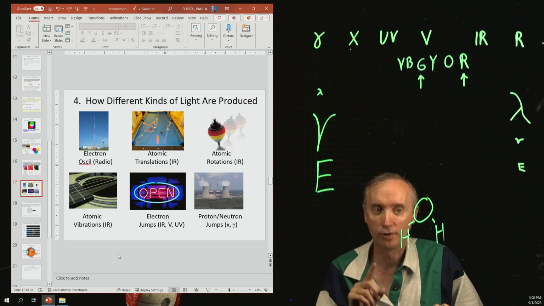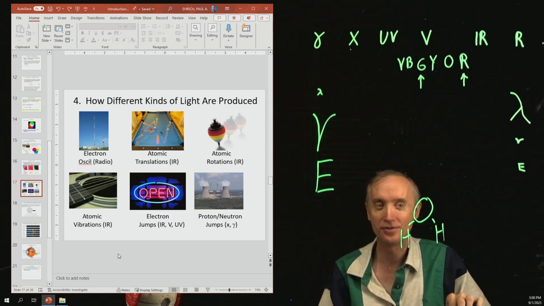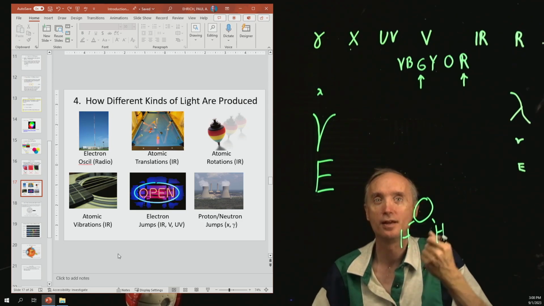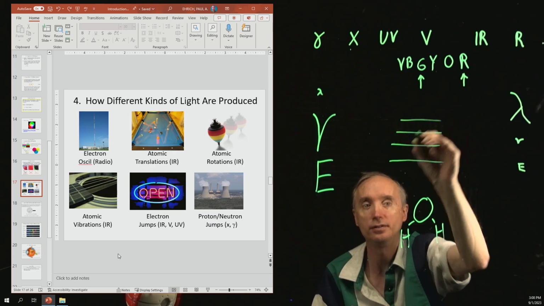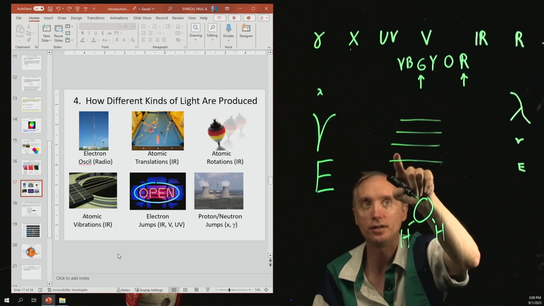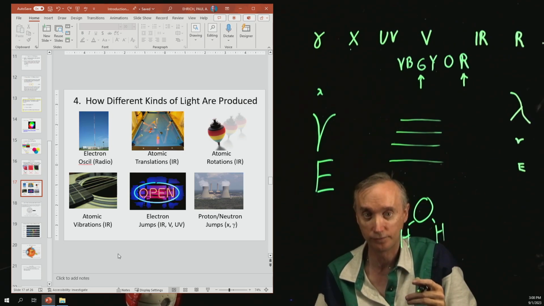Now the one that I'm really interested in, though, is electron jumps in the atomic hotel. Do you remember when we talked about atoms and we said that an atom had different energy levels, and on each of the energy levels a certain number of electrons could live?